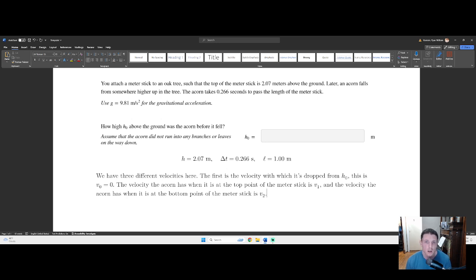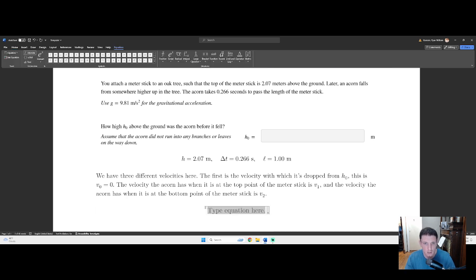All right, so what I think we want to do here is apply this equation, because we're told what's happening between v1 and v2, right? Because we know how long it takes to traverse the length of the meter stick, and we know how far it goes, obviously a meter.